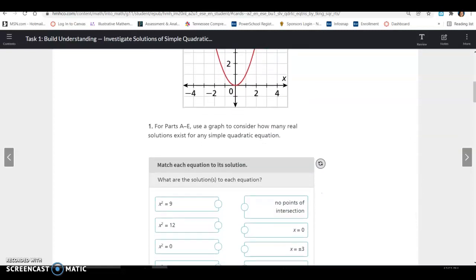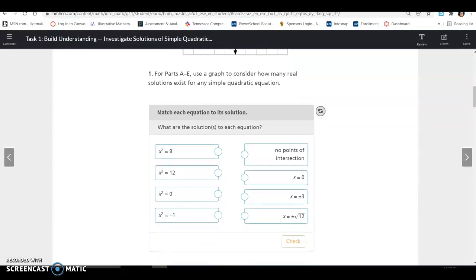For parts A through E, use a graph to consider how many real solutions exist for any simple quadratic equation. So what are the solutions of each equation? We have x squared equals 9. If we take the square root of both sides, we get plus or minus 3. So that one matches with this one.